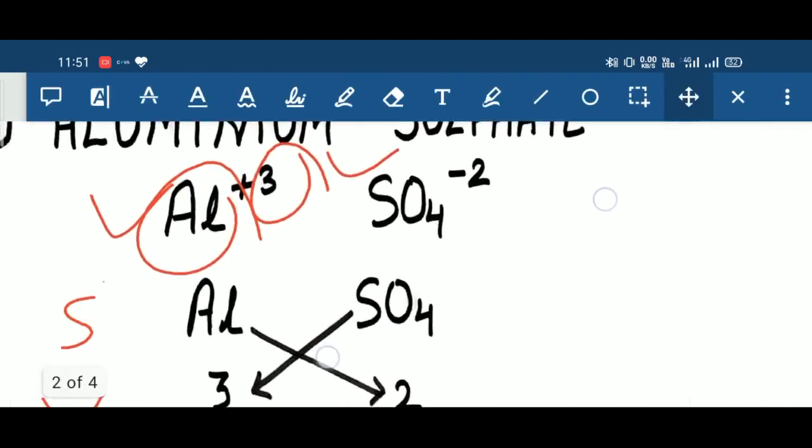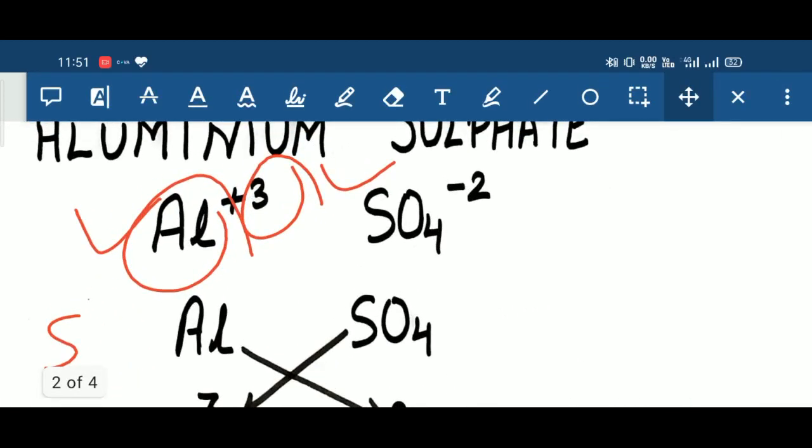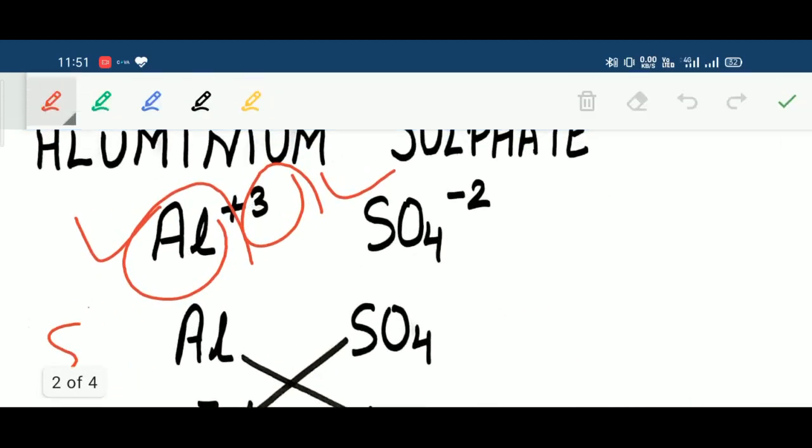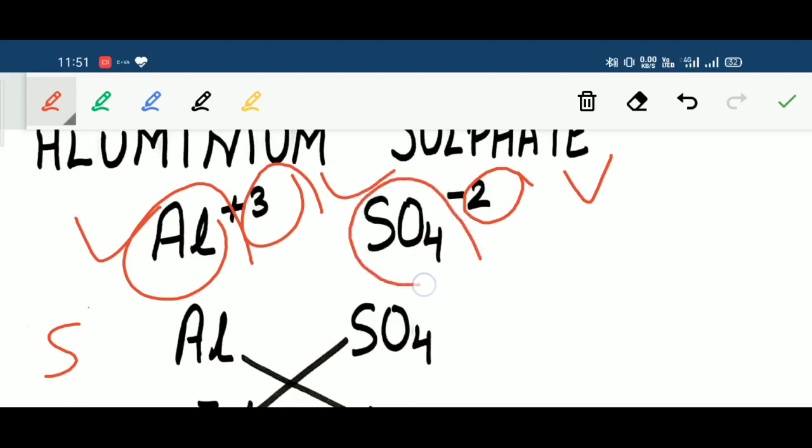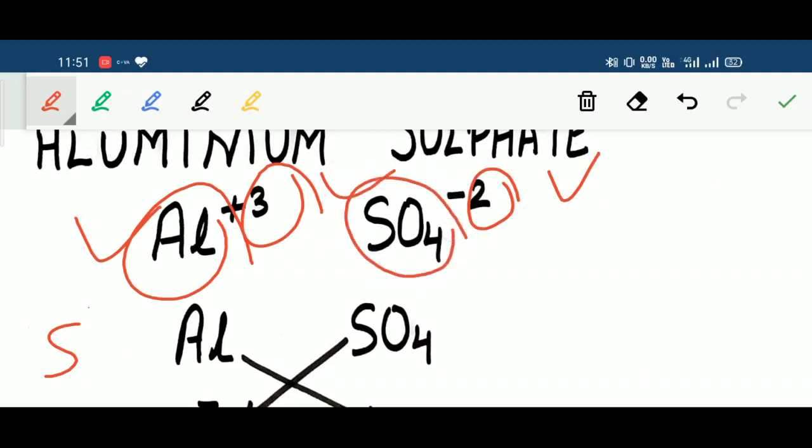And in the case of sulfate, which is a polyatomic ion, note that only the number present with the charge is called valency, whereas the remaining entire entity is called the symbol. Which means in the case of sulfate, 2 will be the valency, whereas SO4, the whole entity, will be the symbol.